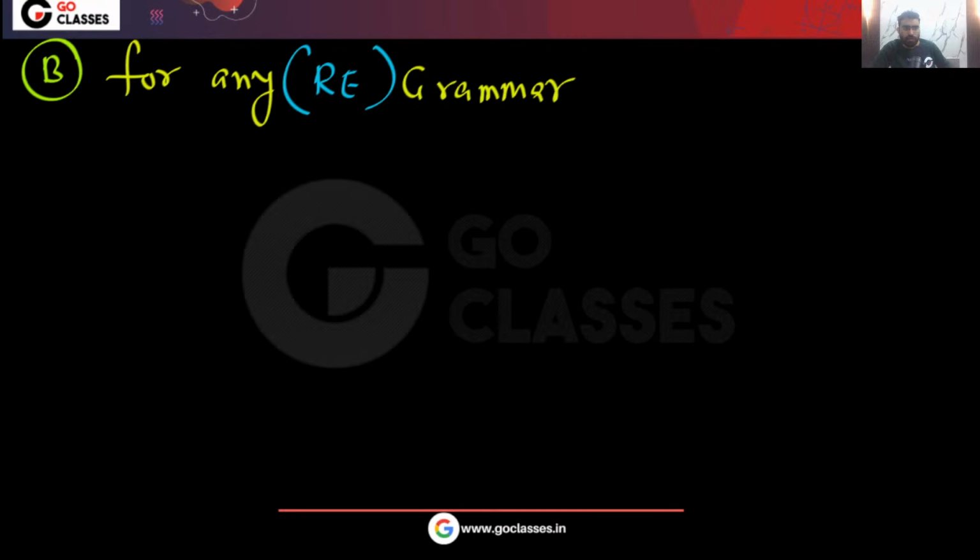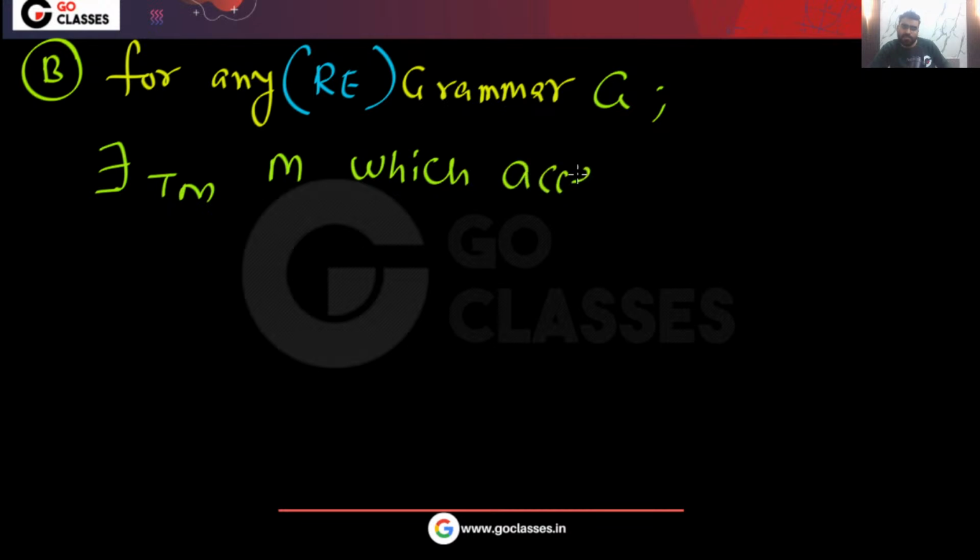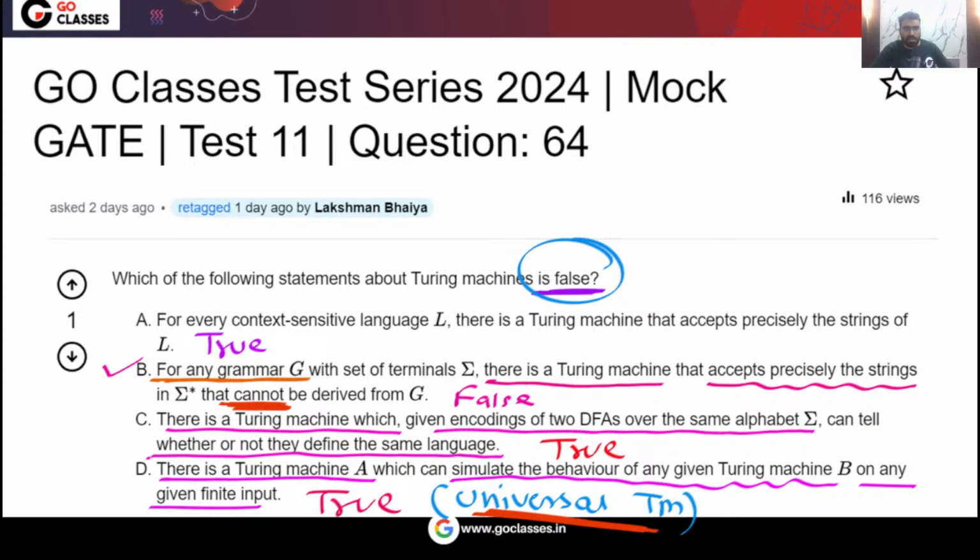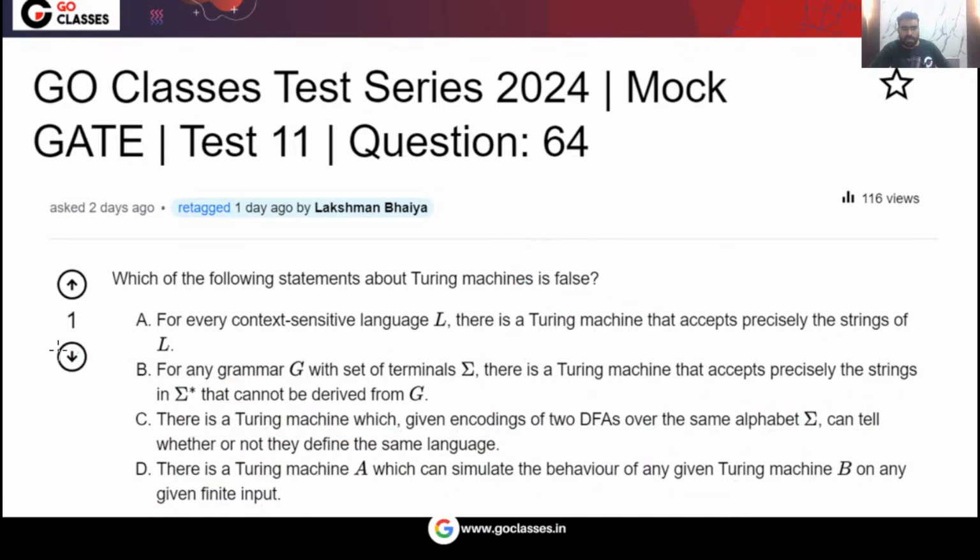Notice what option B is saying: for any RE grammar G, there exists a Turing machine M which accepts L(G) complement. Read option B carefully.